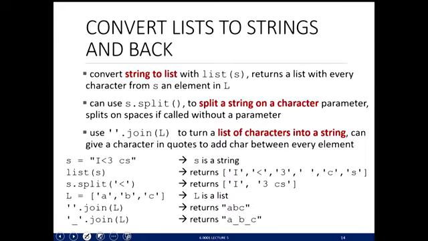Much like we cast a float to an integer, you're just casting a string to a list here. When you do list(s), this is going to give you a list where every single character in s is going to be its own element. That means every character is going to be a string, separated by a comma, including spaces.